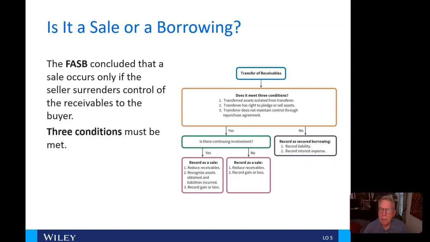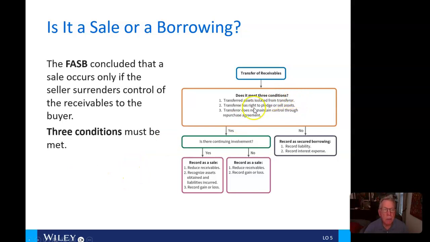Okay. Is it a sale or a borrowing? The FASB has concluded that a sale occurs only if the seller surrenders control of the receivables to the buyer. So we have to meet 3 conditions for that transfer to be considered a sale.